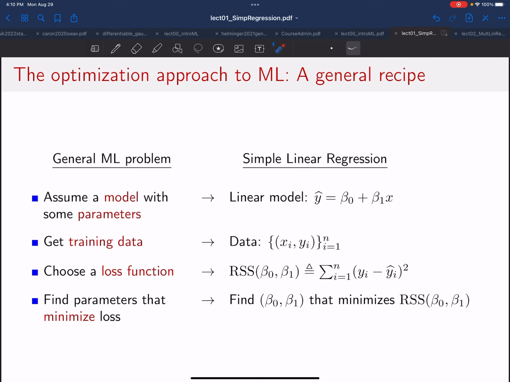Then we want to adjust or optimize the values of those coefficients, beta 0 and beta 1, based on the training data that we have, which is given by this. And then we want to, in particular, minimize some loss function. We have decided that residual sum of squares is the loss we want to minimize in this unit.